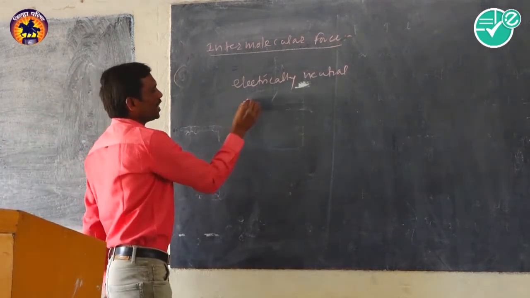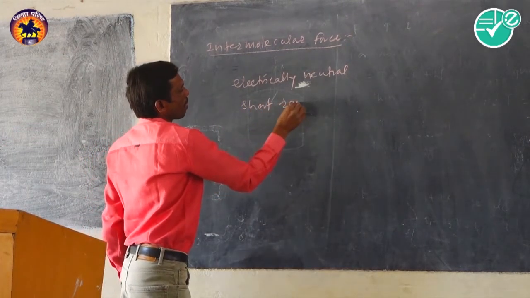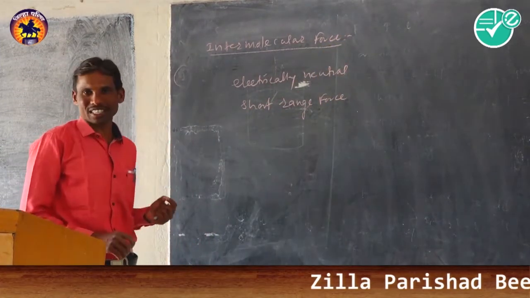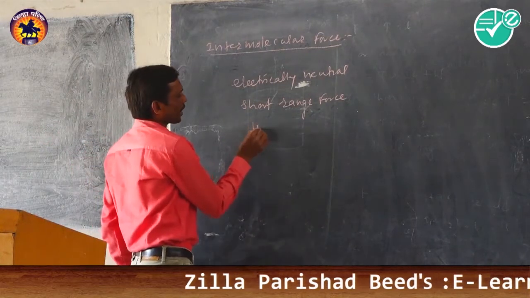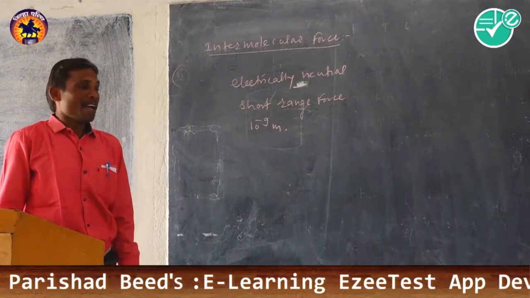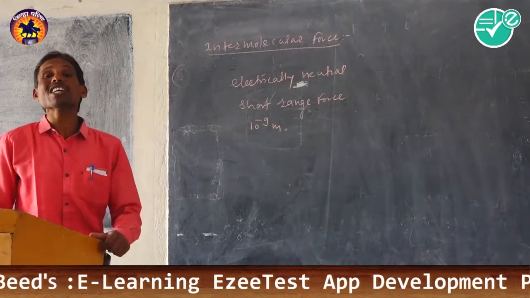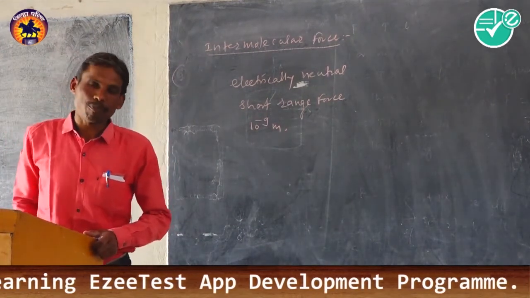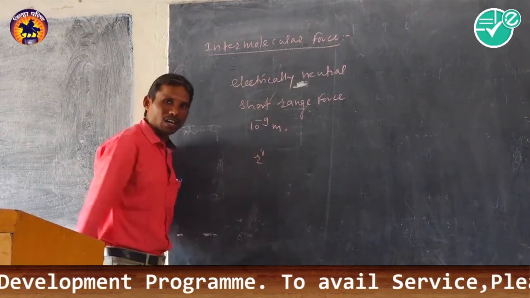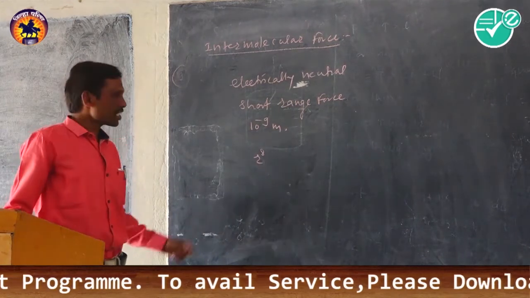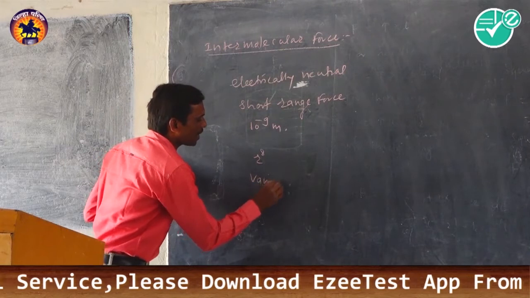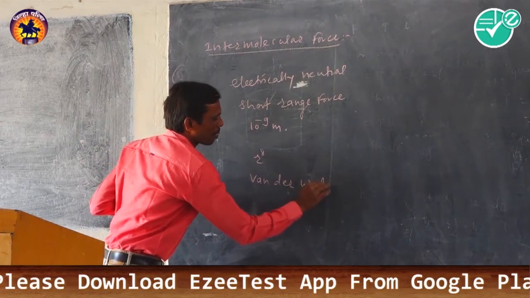It is a short range force because it acts over a very short distance, about 10 raised to minus 9 meter. It does not obey the inverse square law because it is inversely proportional to the 8th power of the distance between the two molecules, and it is also known as van der Waals force.